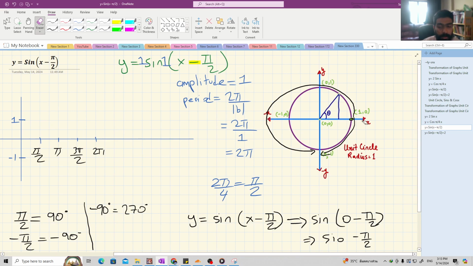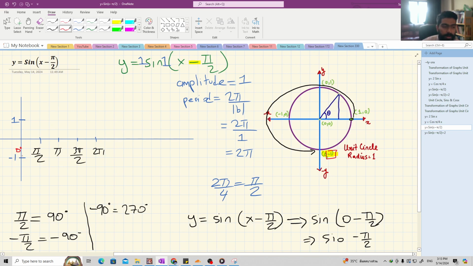So let me go ahead and take this off so it's clearer to see. Now we are going to be looking at our starting point. So 270 degrees is right here. This tells us our starting point. So when we have sine at 0 degrees for this equation, we are looking at the y-axis, which is equal to -1, right guys?